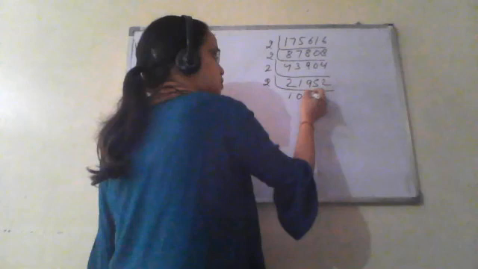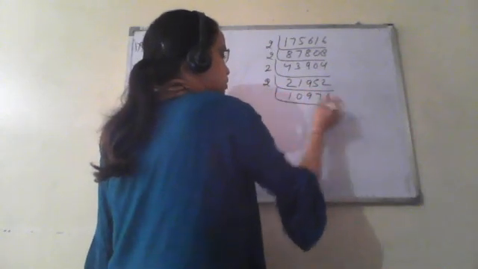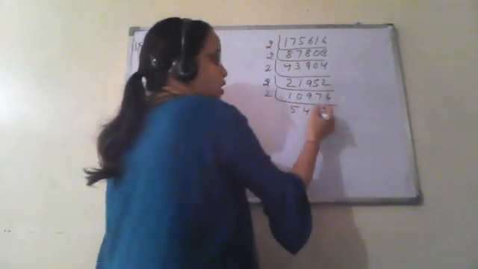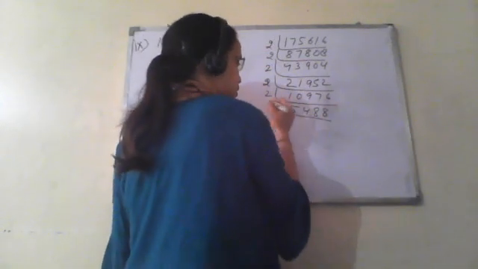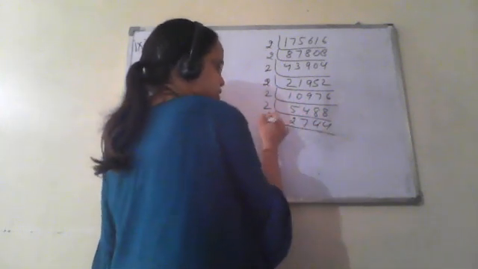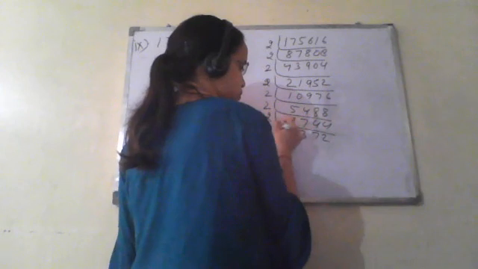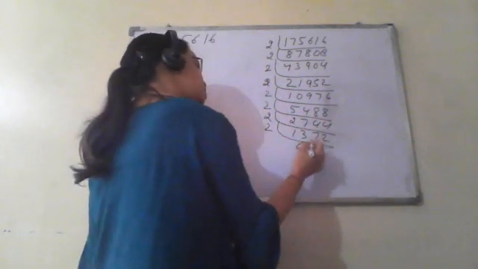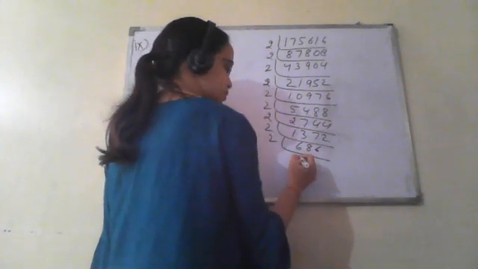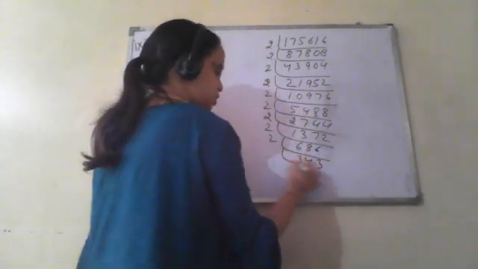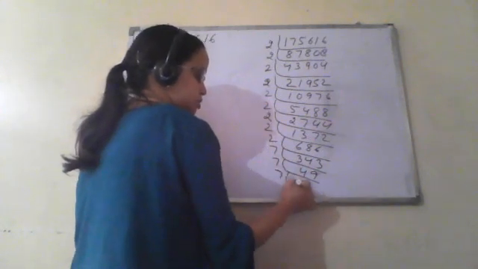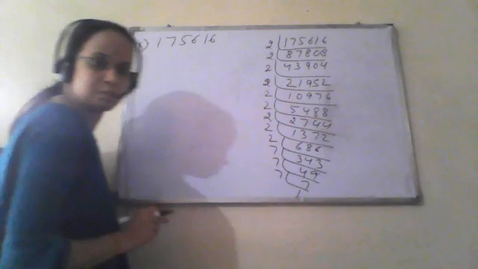So 10976, 5488, 2744. This is 1372, 686, 343. This is 7, and this is again 7. Okay, so this is the prime factors.